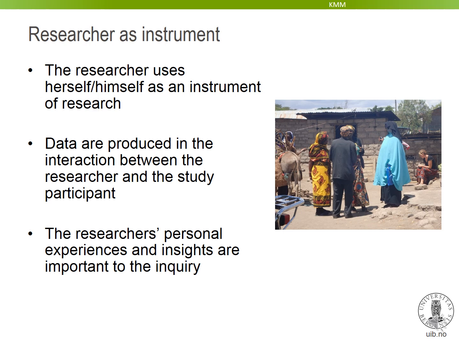This is sometimes hard to grasp, especially if you come from a quantitative tradition where the researcher holds a distant role in the data collection. It also means that the researcher's personal experience and insights are important to the inquiry. And this has implications for the study strategy.